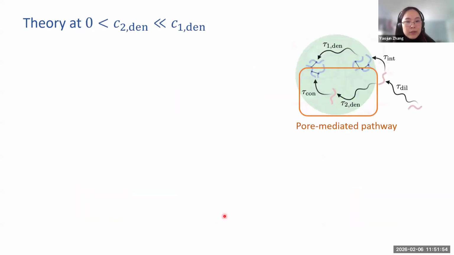Okay, so moving to the non-zero C2 dense case. Now we have free polymers inside the condensate. They are diffusing inside. So we found one more pathway for the condensate to recover, right?